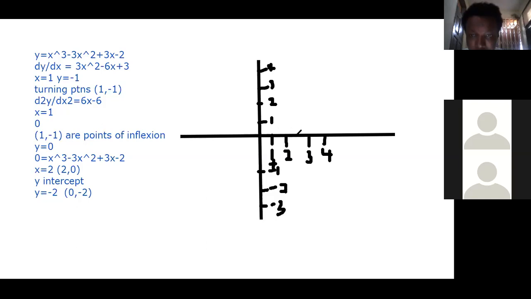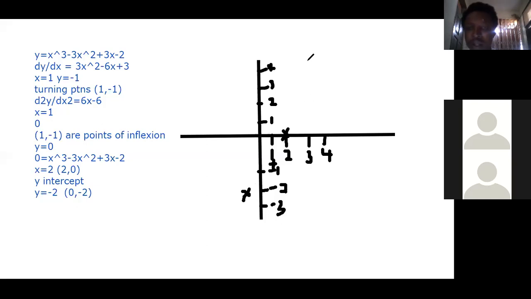Oh, I'm wrong, this is 2, 0. Then 0, -2. Why is it 0, -2? Because x is 0, and we have -2 here.